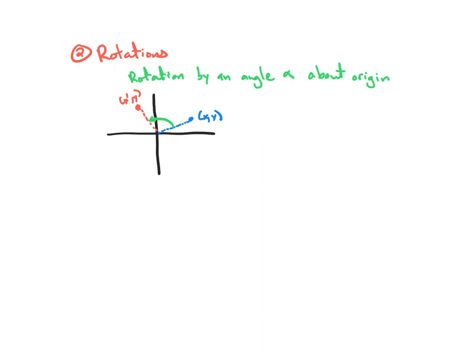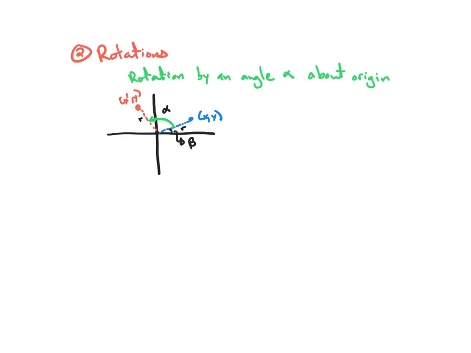Now note that these distances from the origin must be the same, so we'll call it r, and so these two have to be the same. And we're going to say this is the angle alpha. Well, let's say that this original angle right in here is just beta.